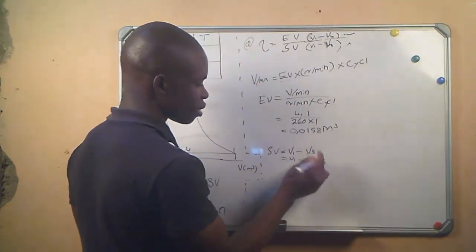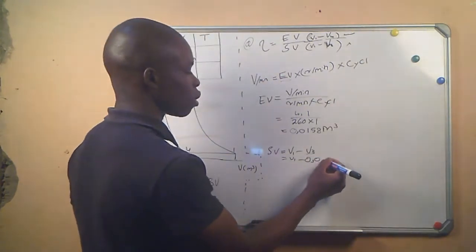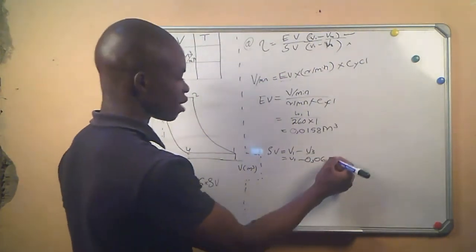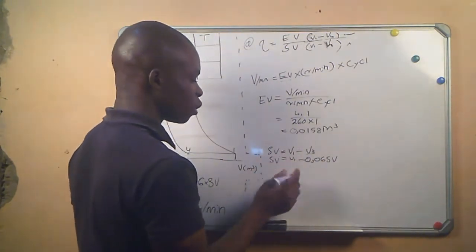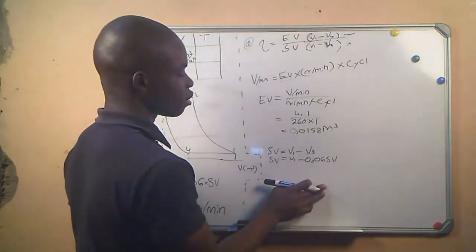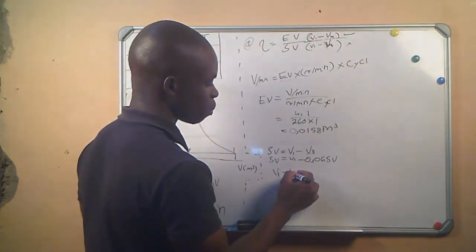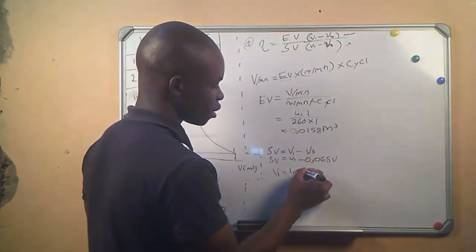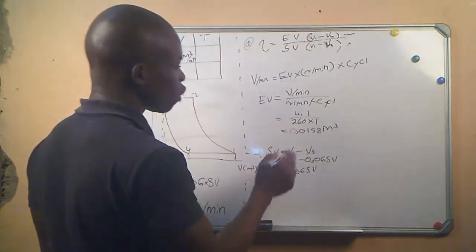V1 minus V3 is going to be 0.06 SV, and this is SV. Then we simplify this. It's going to be 1.06 SV.